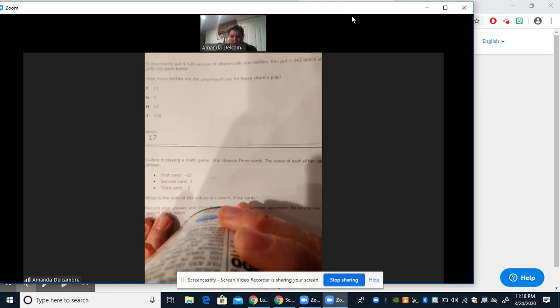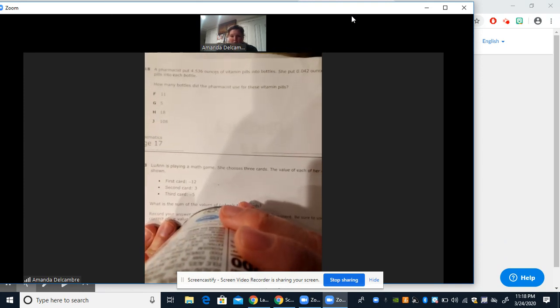Okay, so we're looking at the first question here, which is question 18, which says the pharmacist put 4 and 536 thousandths ounces of vitamin pills into bottles. She put 42 thousandths of an ounce of vitamin pills in each bottle. How many bottles did the pharmacist use for these vitamin pills? Okay, so some clue words.